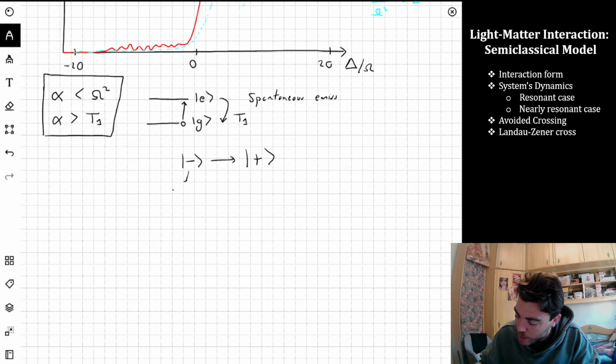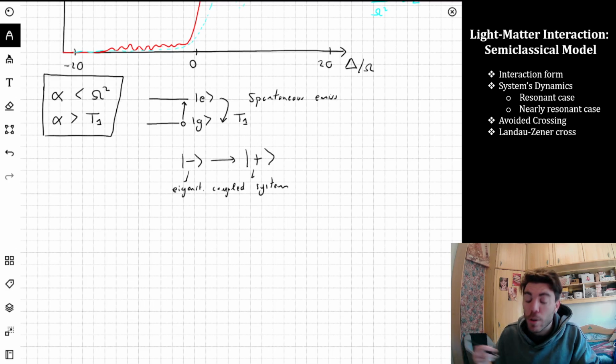Remember, these are the eigenstates of the coupled system. But at the same time, not so slow that the atom has time to relax. So it depends already on the specific system that one has.